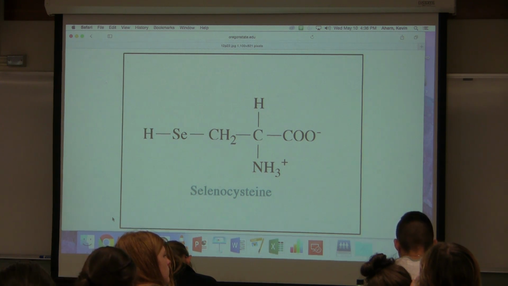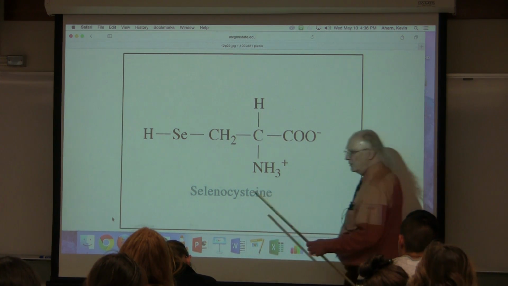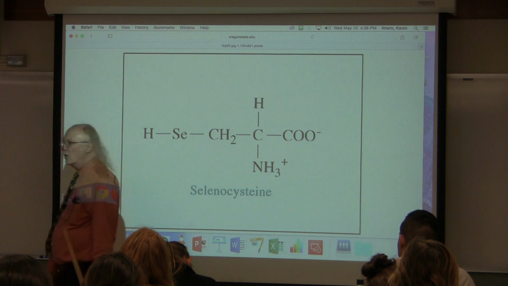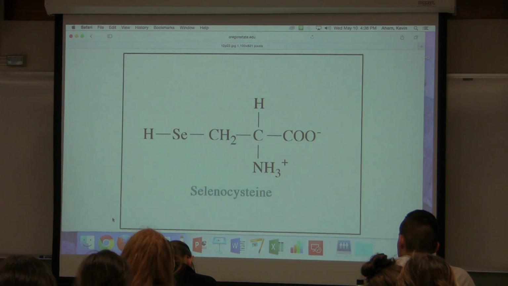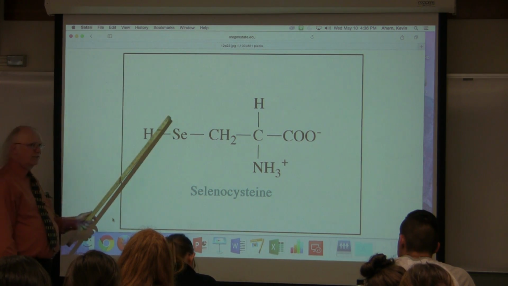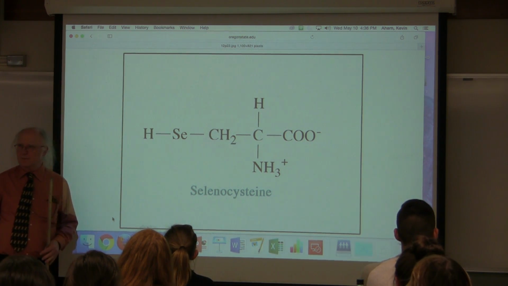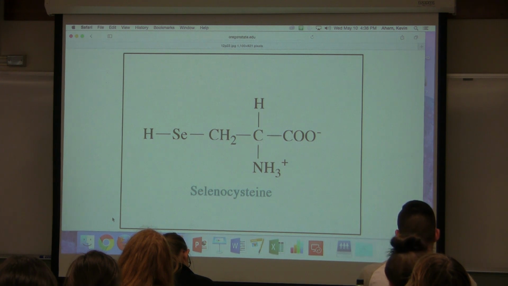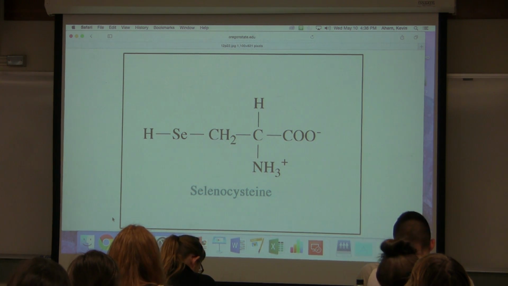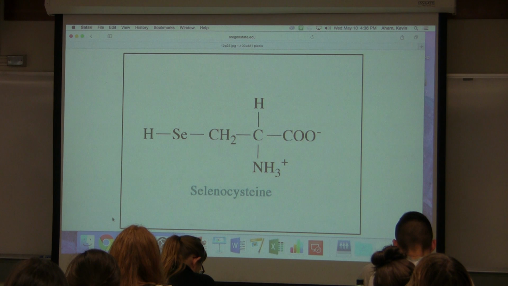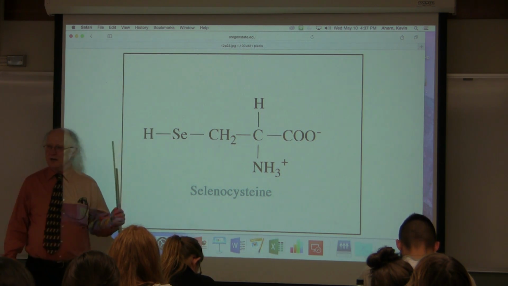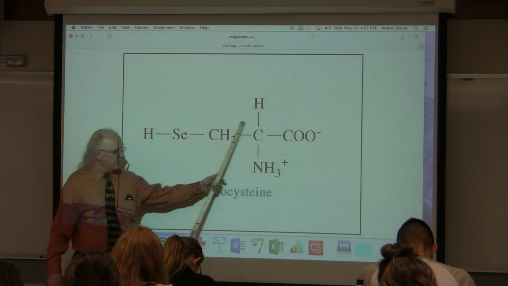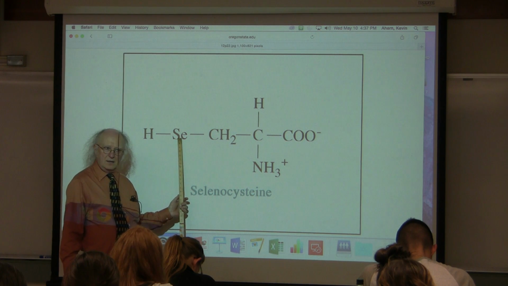Well, it turns out that selenocysteine gets into proteins not by a covalent modification, not by something coming along and pulling out a sulfur and putting in a selenium, but instead it gets put in during the process of translation. Which means it somehow has to be coded for, because translation requires tRNAs that have coding. So this has got to be put onto a tRNA.